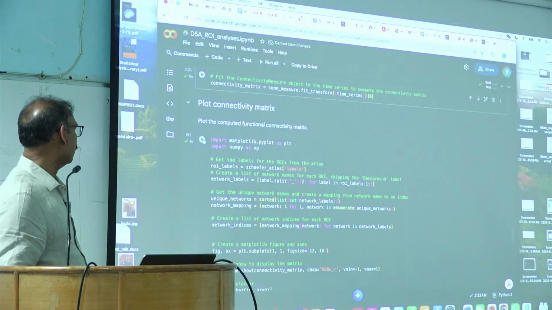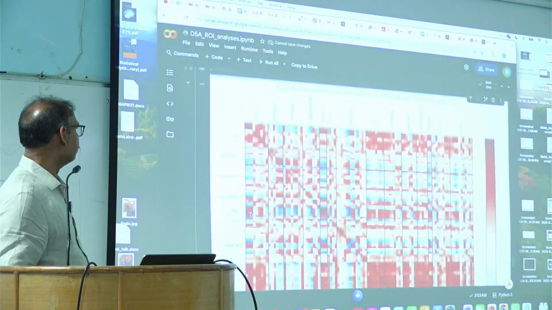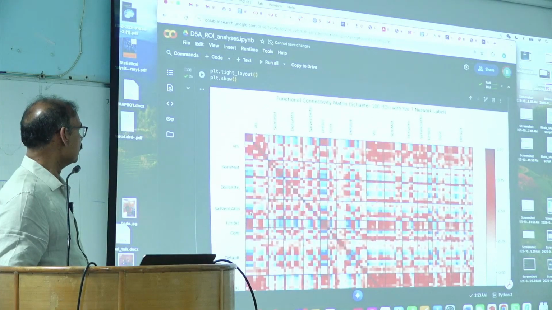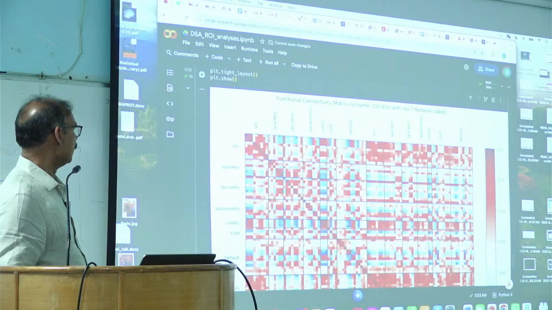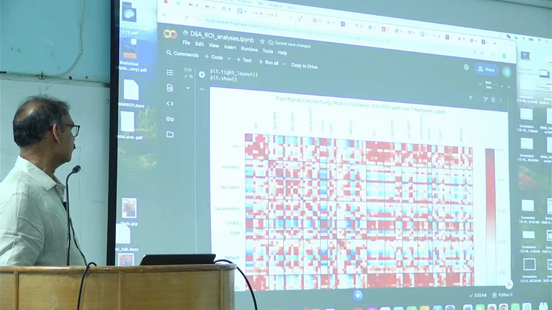And then it generates this correlation matrix. This one has Schaefer 100 ROI and is displayed using the Yeo 7 networks, right?